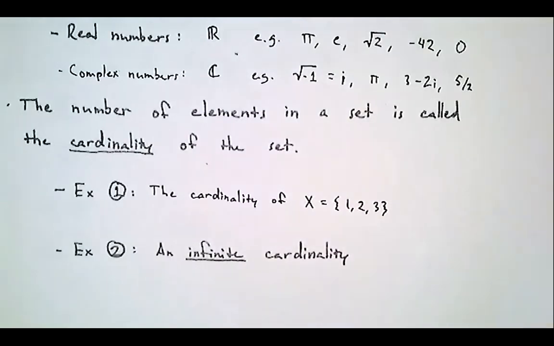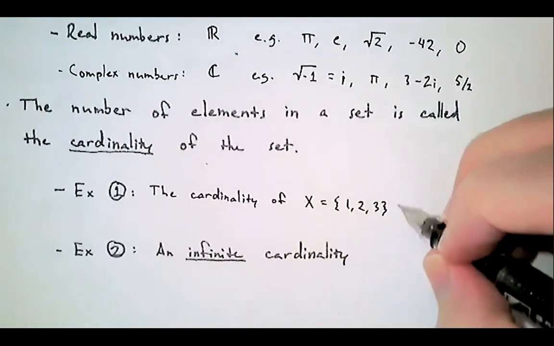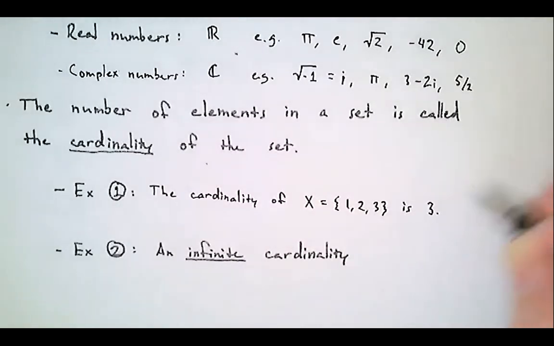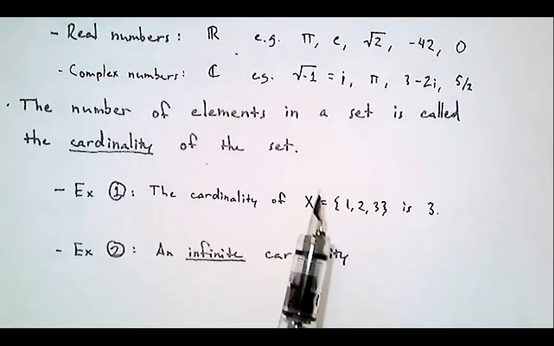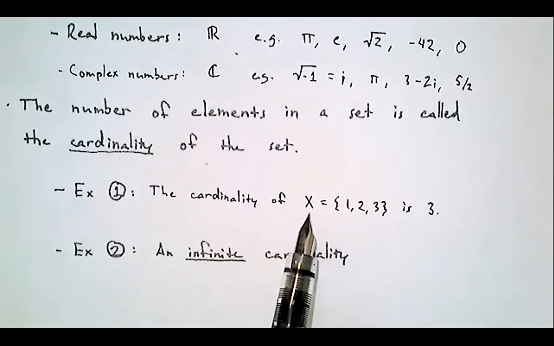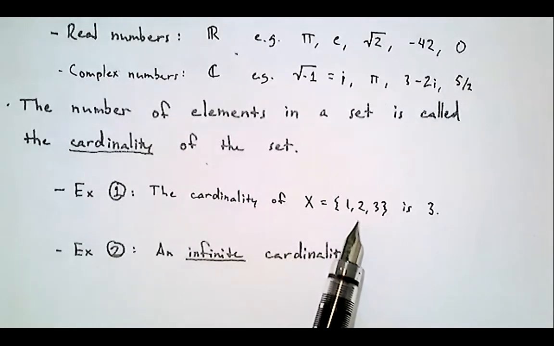And, well, we just have to count. There are 1, 2, 3 elements in this set. And something to notice is that I've given my set a name. I've said capital X is equal to the set with 1, 2, and 3 inside of it.